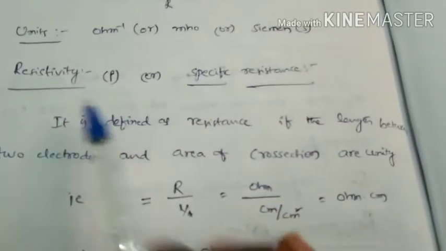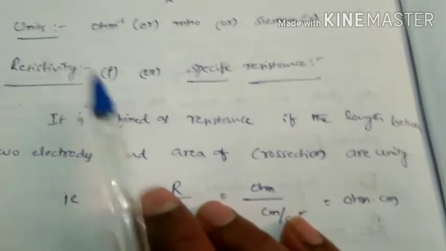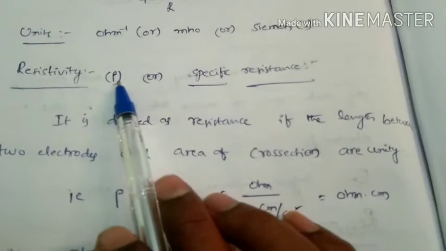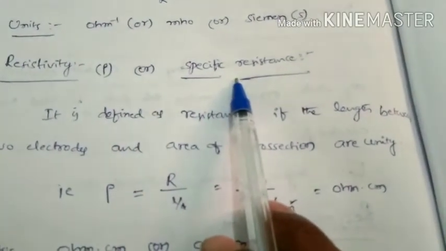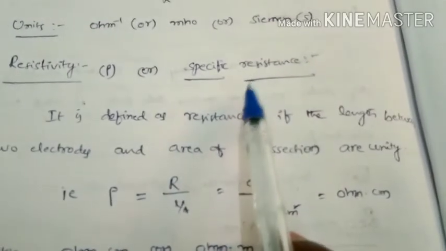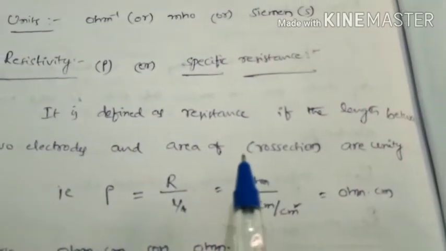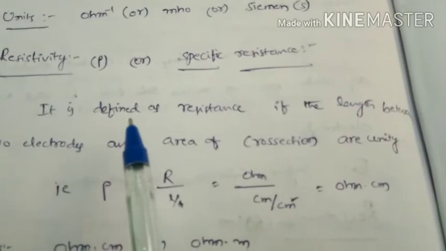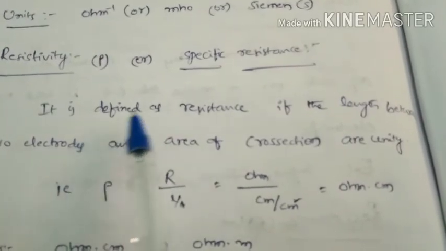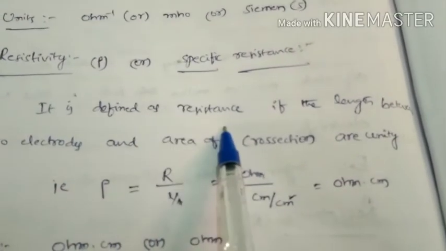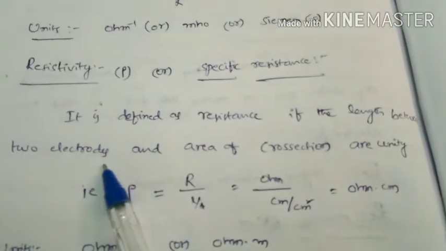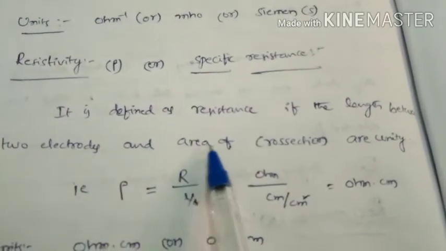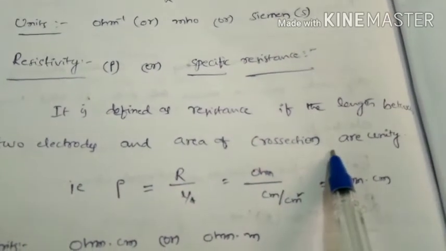Next definition is resistivity, not resistance. This is represented by rho. This is also called specific resistance. Here the definition is, see carefully, it is defined as the resistance when the length between two electrodes and the area of cross section are unity.